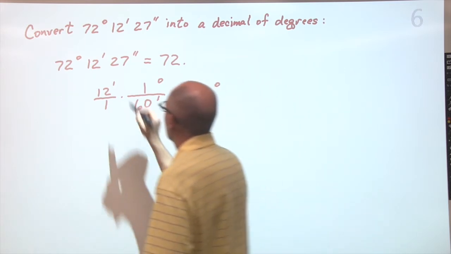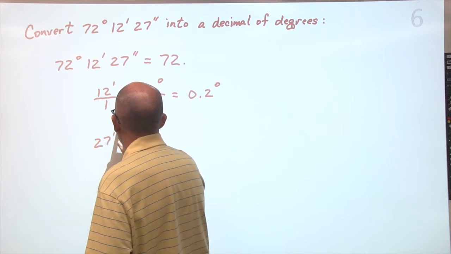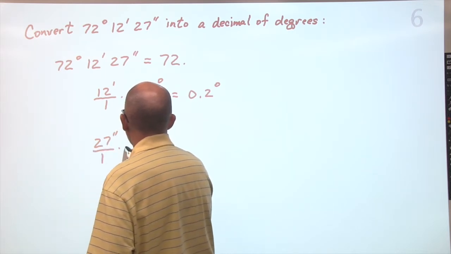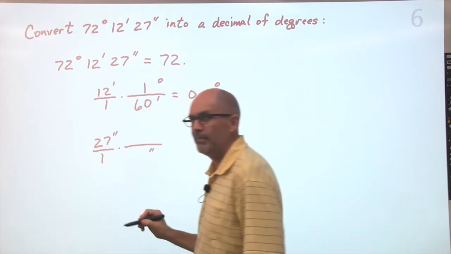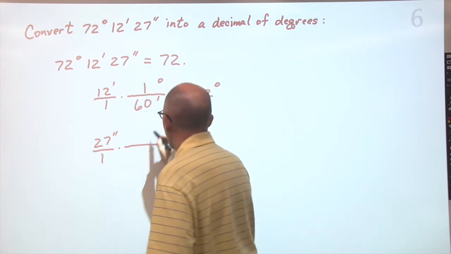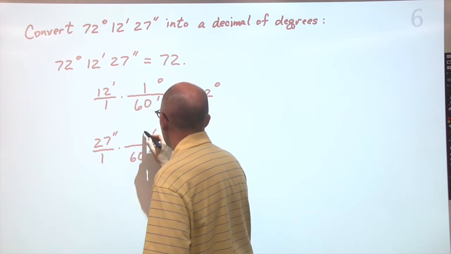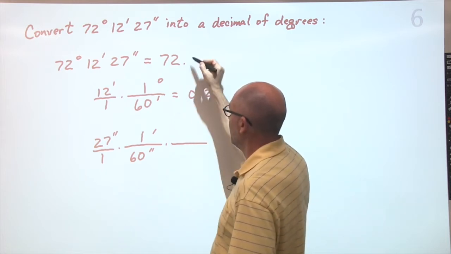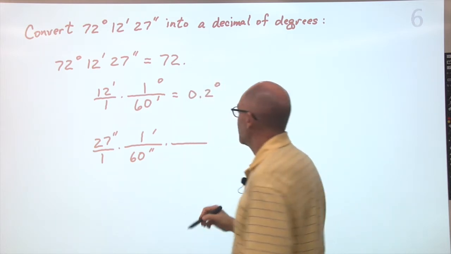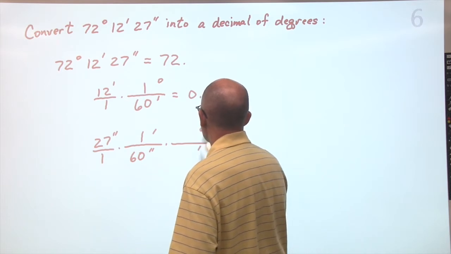Now, I have 27 seconds over 1 times. Now I'm trying to get rid of seconds, so I put it on the bottom, and then I put minutes on the top. There are 60 seconds in 1 minute. Well, now I have minutes, but I don't want minutes, I want degrees. So I have to put minutes on the bottom again and degrees on the top.